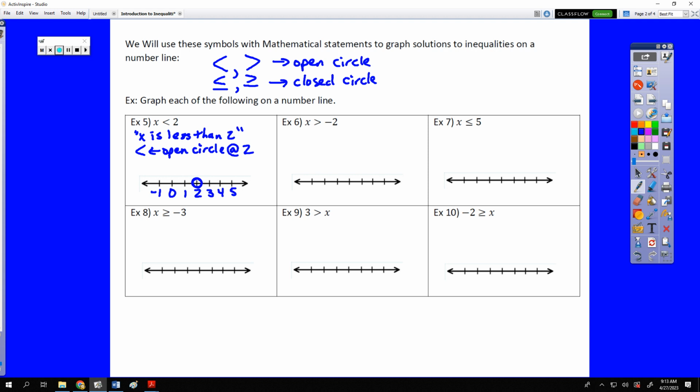See how this is pointing to the left? That means we're supposed to shade to the left, which includes the arrowhead on the end, because any single number in that shaded region could answer this inequality. So we put an open circle at 2, and we shade to the left.